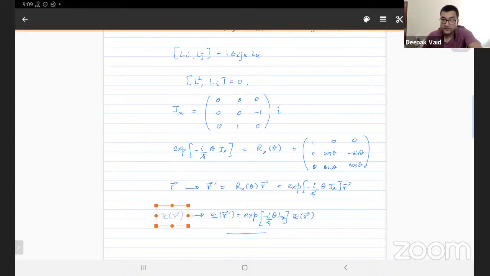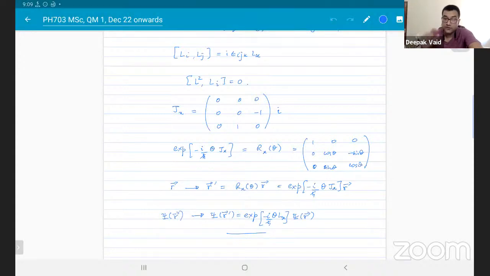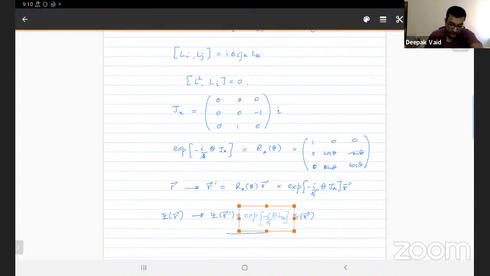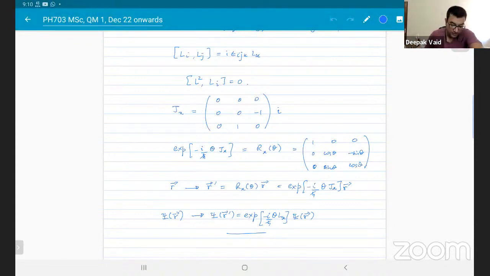Okay. Now, if you consider, for instance, the state of a spin 1/2 particle, in that case, your state will be given by some matrix, like 0, 0, 0, 1, 1, 0, that kind of matrix, right? In that case, that state will transform under the appropriate Jx.